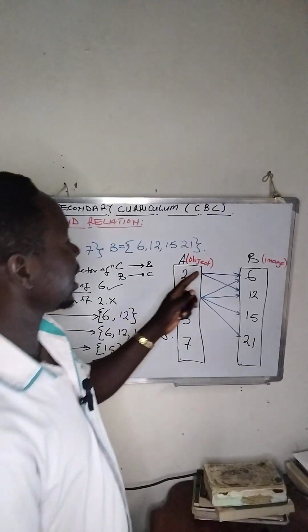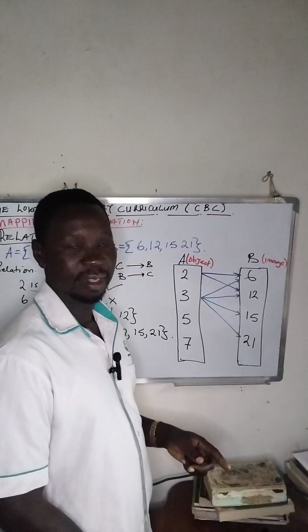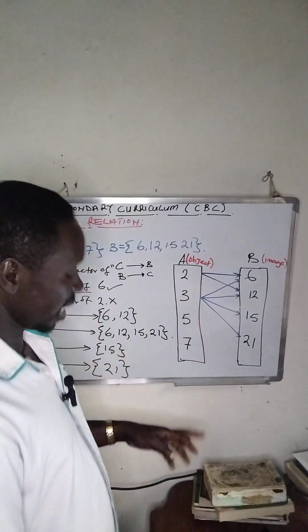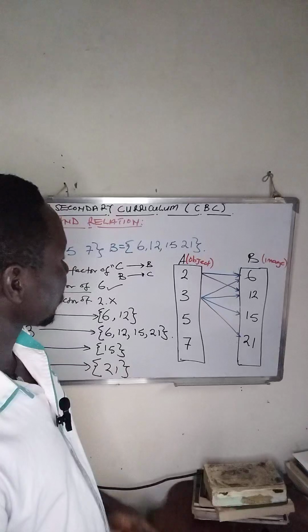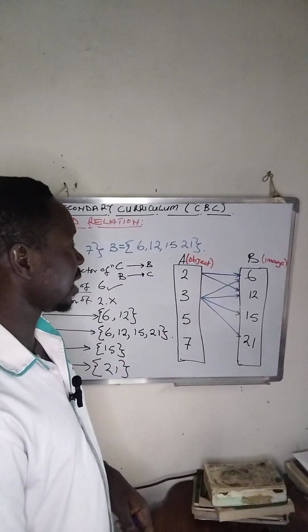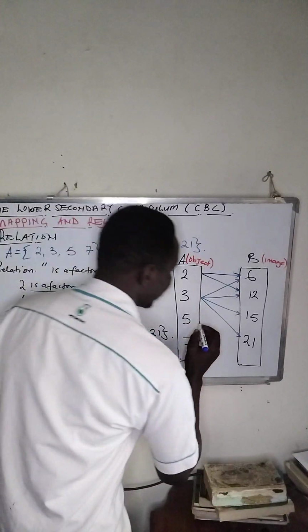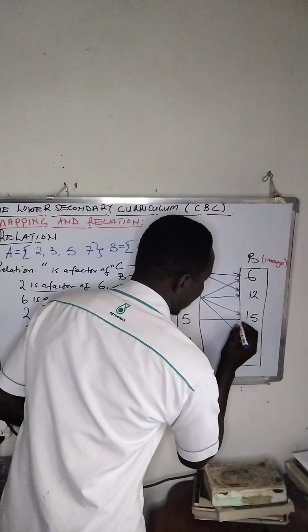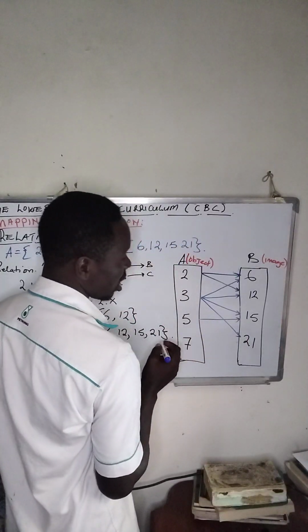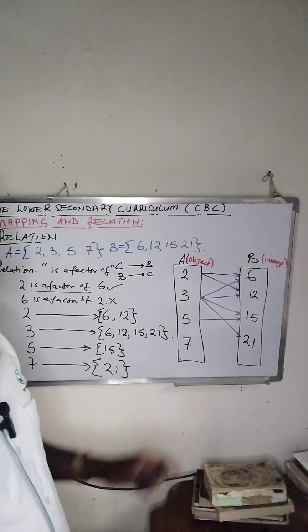Now, at a later stage for information, let us first complete this one. Now, when you look at 5, also we need to look at the factor. 5 is a factor of 15. There is no other number altogether.